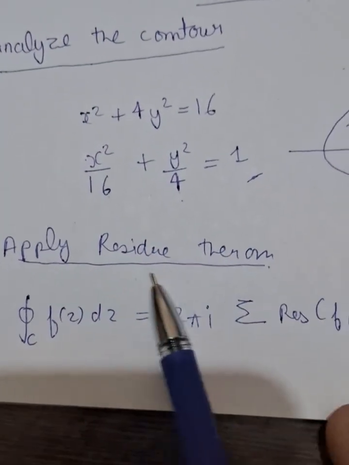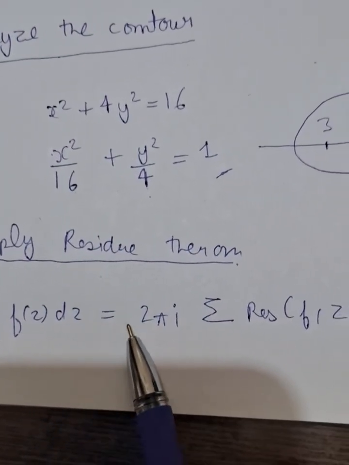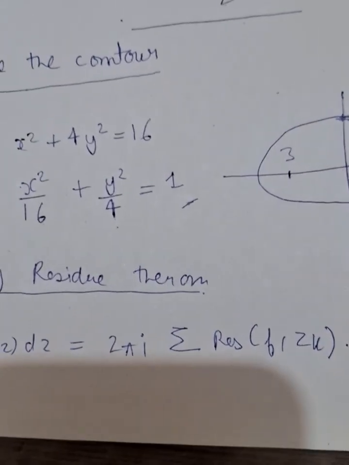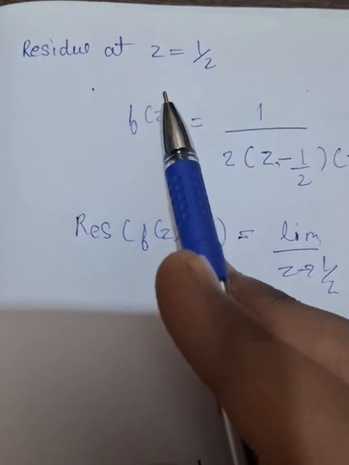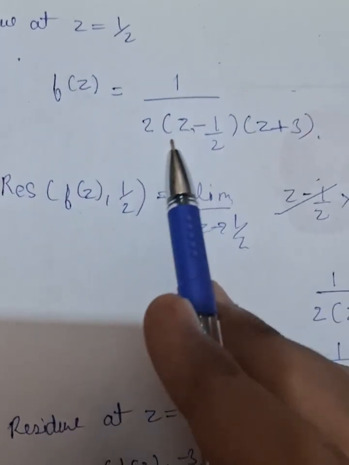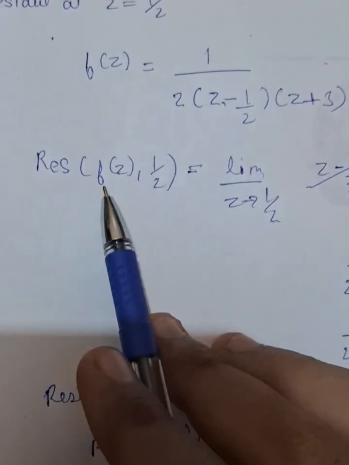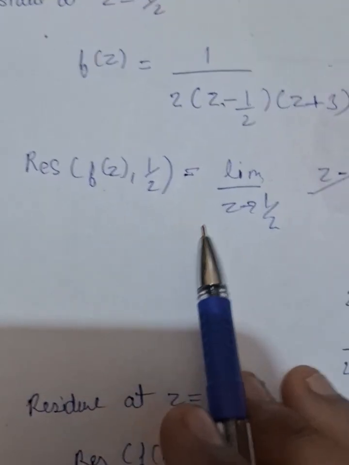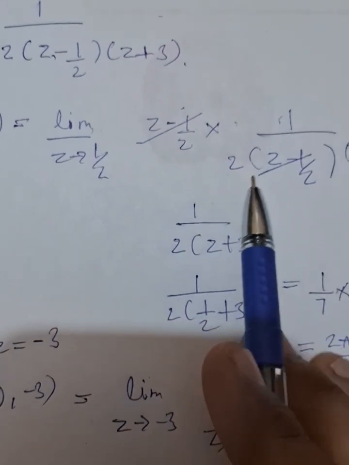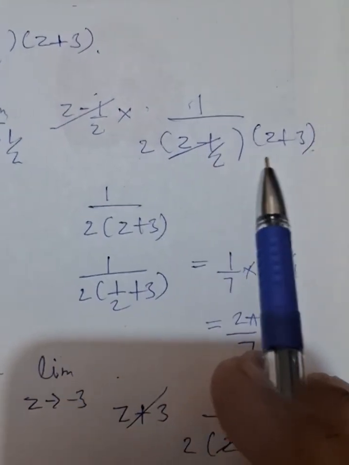Then we apply the residue theorem, which states that the integral of f(z) dz is 2πi times the summation of the residues of f at zk. First we deal with the point z equals 1 by 2. Basically this is how we applied it for the point 1 upon 2: z minus 1 upon 2 multiplied by 1 upon 2z minus 1 upon 2 upon z plus 3.